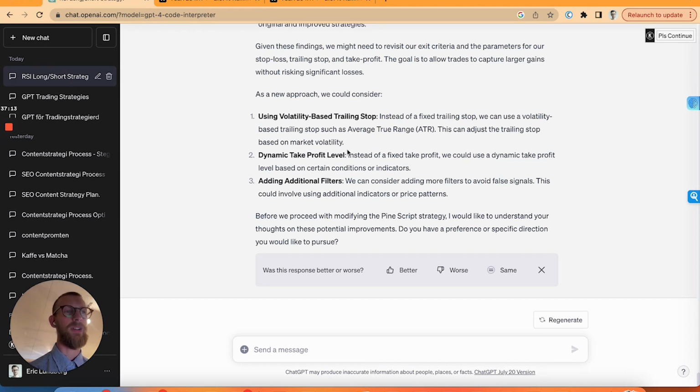I like the average true range thing. The SuperTrend, if you know that indicator, it's nice. Dynamic take profit levels. Okay, it will just adjust according to the price action, adding additional filters. Consider, okay, okay, do it. Boom.